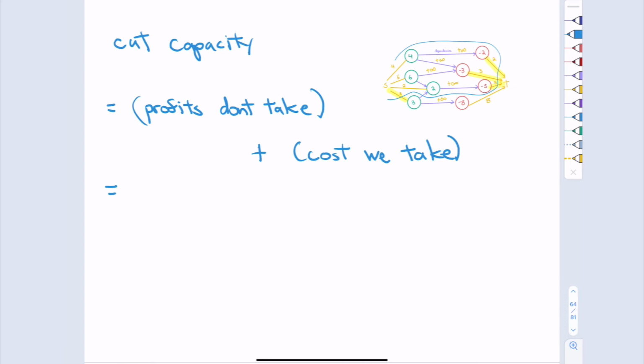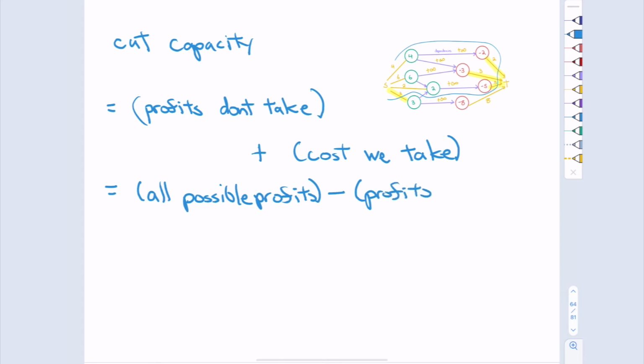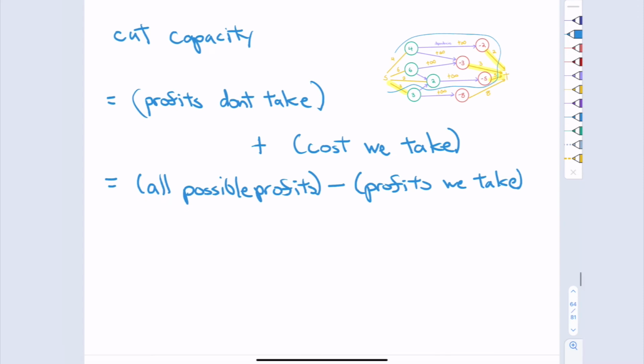Which is equal to, I can write this as, all possible profits minus the profits we do take, right? So the profits we leave out are equal to the total profits minus the profits we do take. They all add up to something. And I'll leave in the cost that we take.